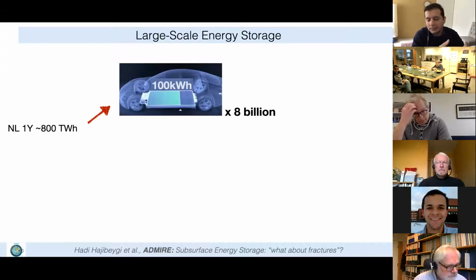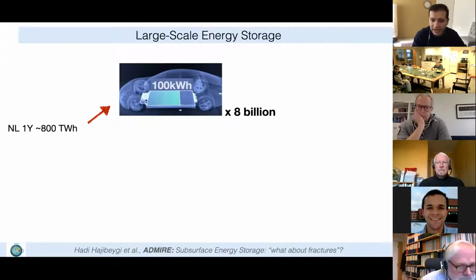That would need about 8 billion of those batteries to store this much energy. Obviously, you're not going to store for the entire year, but if you are thinking of a season with low wind energy or solar income, then you might think of running the country for a few months on stored green energy.